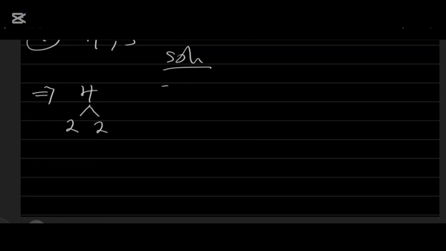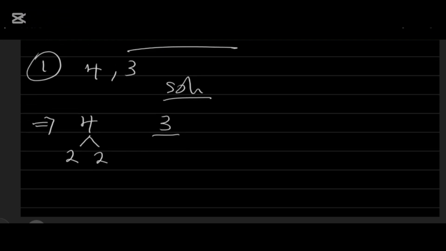Now, how about 3? 3 is just 3 times 1. That's 3. This means we have prime numbers here as the factors.